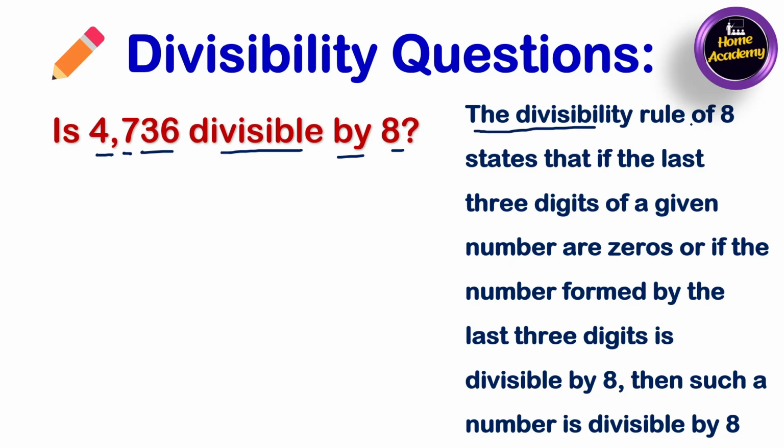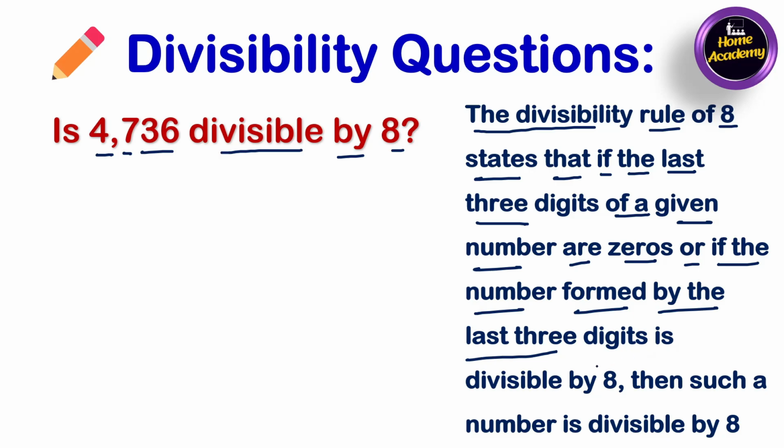The divisibility rule of 8 states that if the last 3 digits of a given number are zeros, or if the number formed by the last 3 digits is divisible by 8, then such a number is divisible by 8.